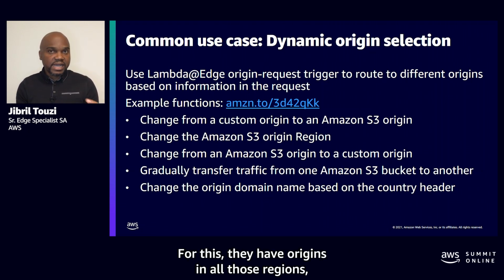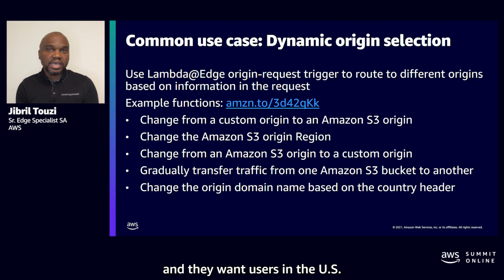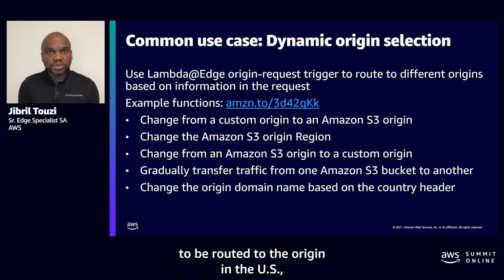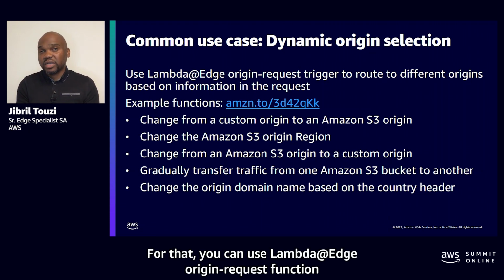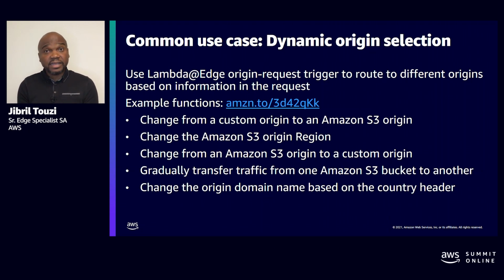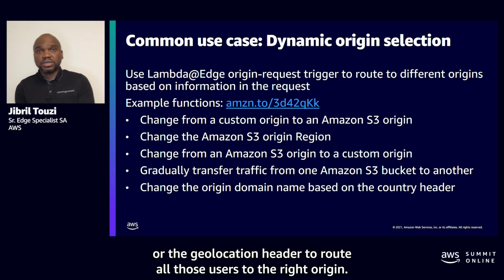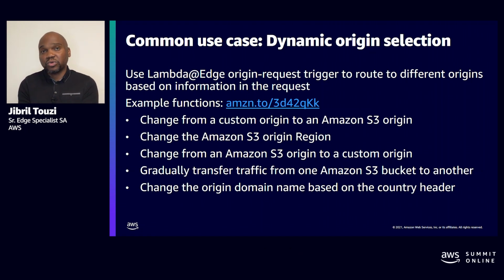For this, they have origins in all those regions, and they want users in the US to be routed to the origin in the US, users in Europe to be routed to the origin in Europe. For that, you can use an AWS Lambda Edge origin request function and the geolocation header to route all those users to the right origin.